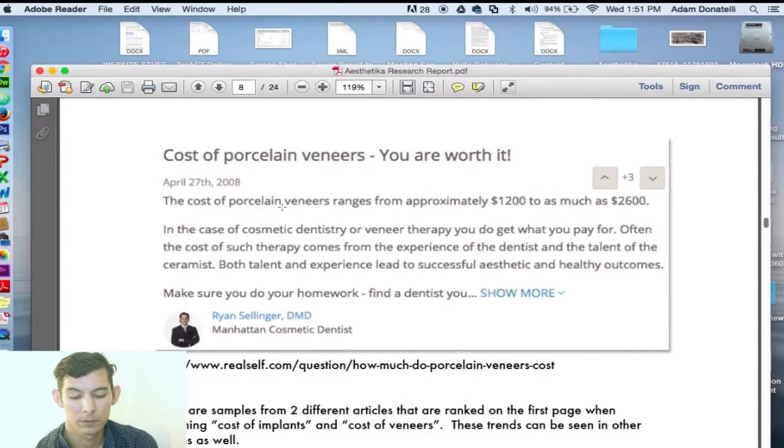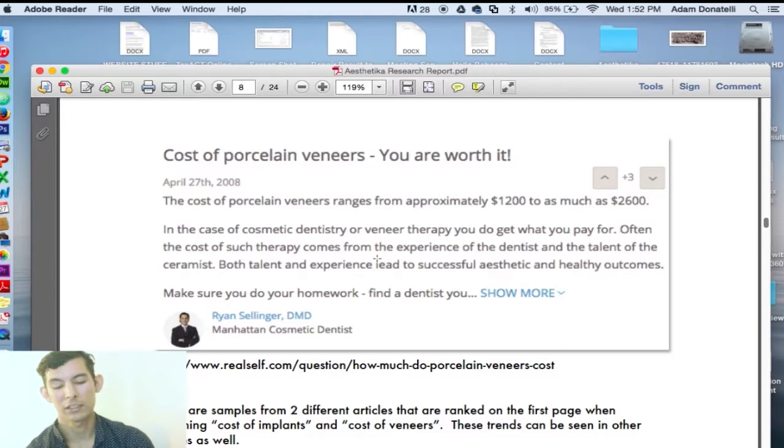Same thing here. Now, this is written by a doctor, a cosmetic dentist, and this is the advice that he gives, and he's ranking on the first page. The cost of porcelain veneers ranges from approximately $1,200 to as much as $2,600. In the case of cosmetic dentistry or veneer therapy, you do get what you pay for. Often the cost of such therapy comes from the experience of the dentist and the talent of the ceramist.